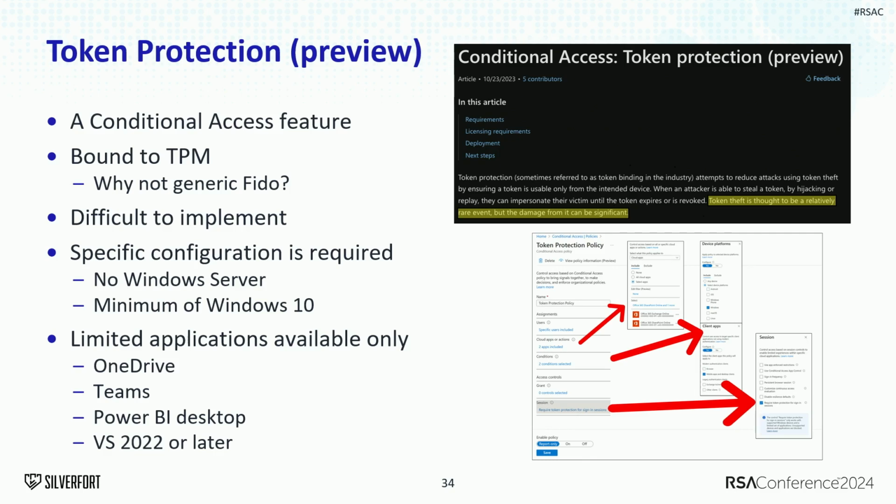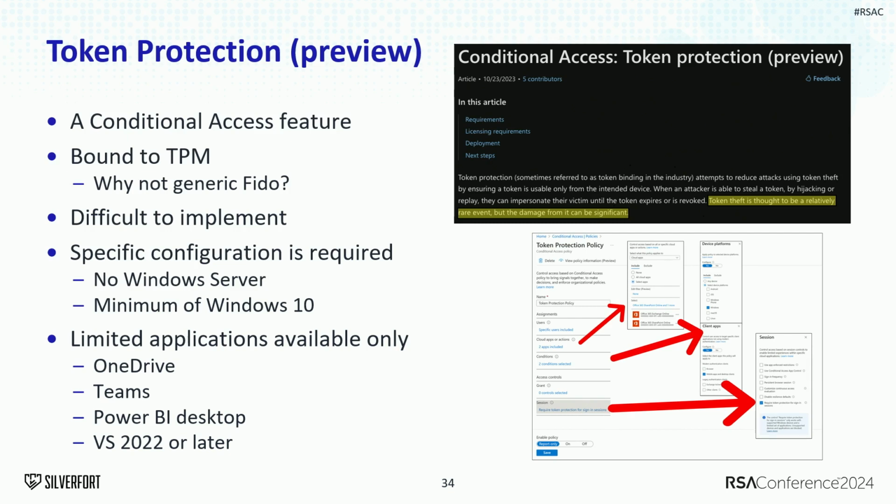And it is bound to TPM, but in the network authentication, TPM acts exactly like FIDO. It uses the same WebAuthn protocol. So if you allowed TPM, why not give a generic FIDO and use your own security key device? It is difficult to implement.